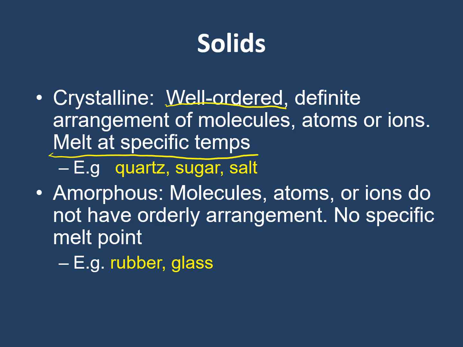This is a distinct difference from amorphous solids. So amorphous solids, as their name kind of implies, do not have an orderly arrangement, and this is the primary difference between the two different types of structures. Because of their non-orderly arrangement, different parts of an amorphous solid might melt at different temperatures due to a difference in structure.